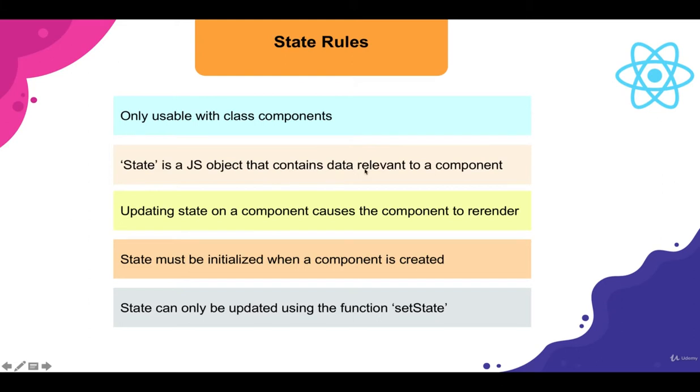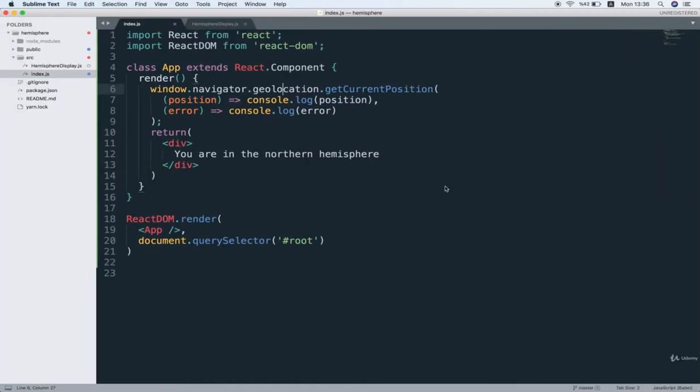State is a JavaScript object that contains a certain amount of data that is relevant to a singular component. Now, in our case, we would have one state property that is relevant to our app component, and the one that we care about in our app component is the user's current latitude, which we will get out of that position object.